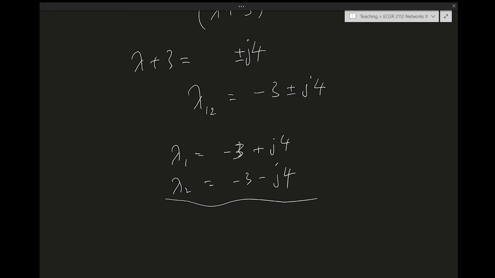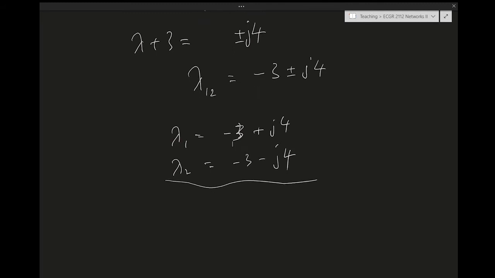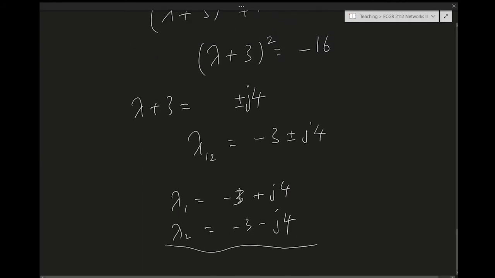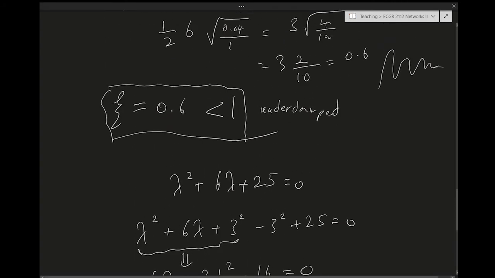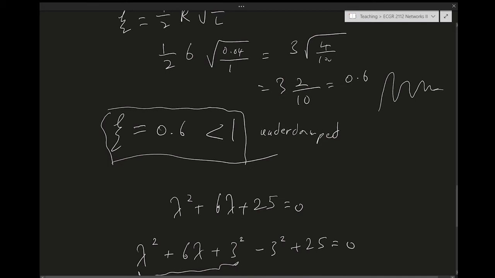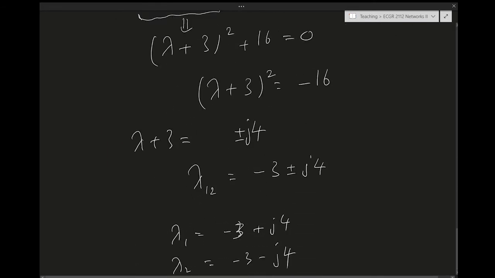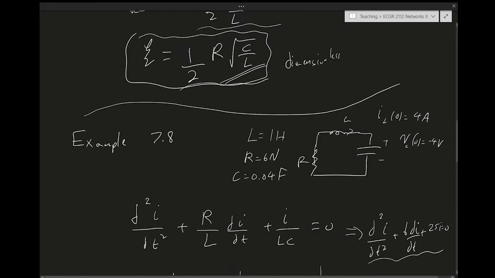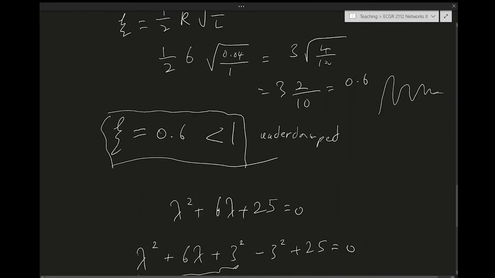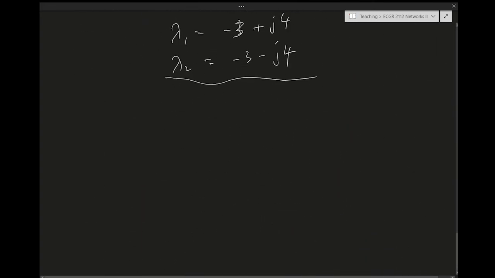Okay. So what happens? From the step-by-step strategy, what's the form of the response when the system is underdamped? Let me write it down. In that case, we're solving, by the way, for I. We said we're solving for I, right? So the form of response is going to be as follows.